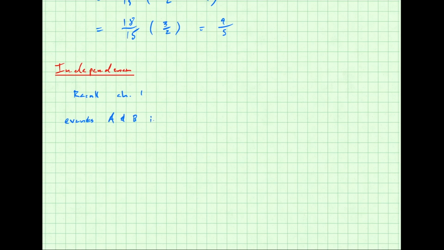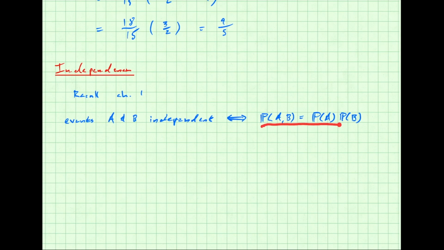They're called independent if and only if their joint probability, the probability of A and B, is equal to the product of their individual probabilities: the probability of A times the probability of B. You can go either way here.